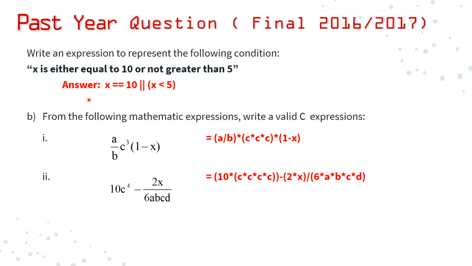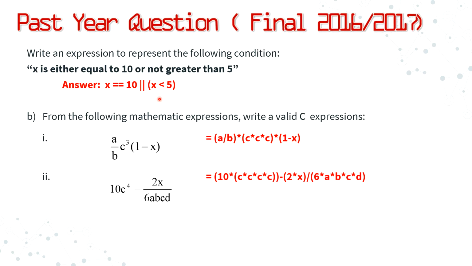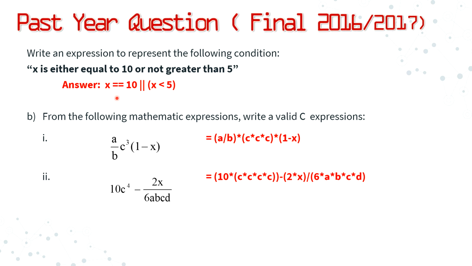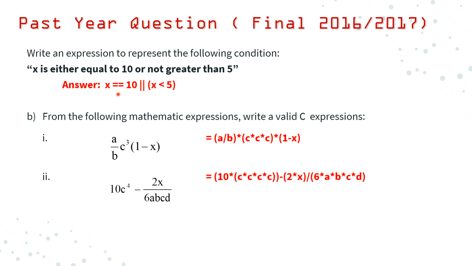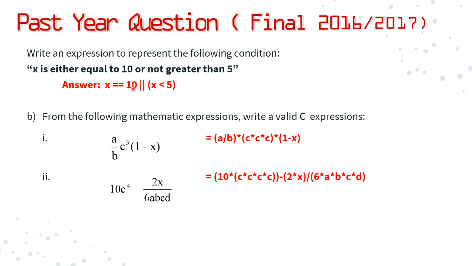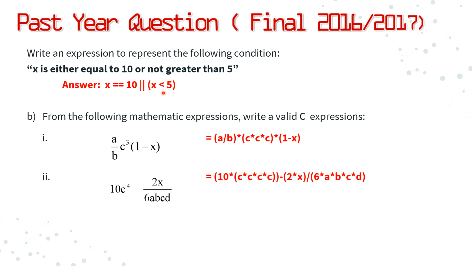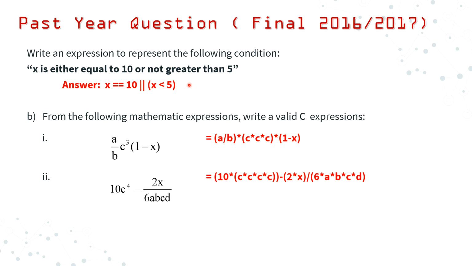The answer is, you should write it like this, using relational and logical operators: x, two equal signs, 10, with the logical operator OR, the vertical pipes, with x less than 5, not greater than 5.